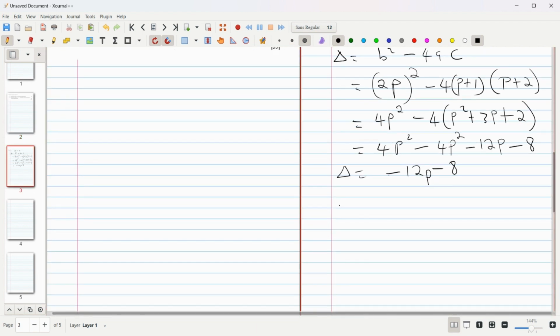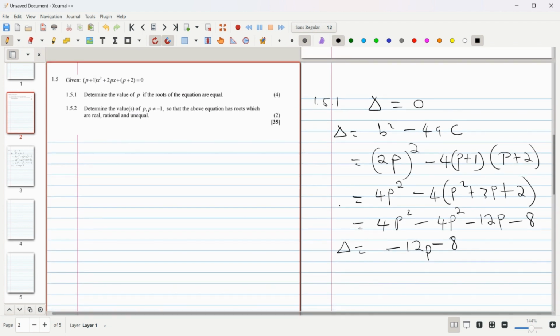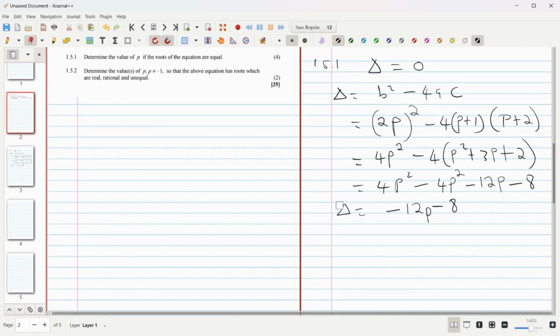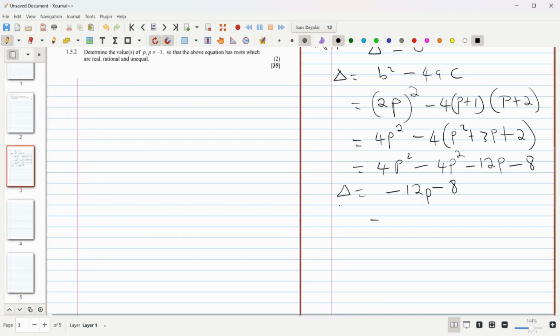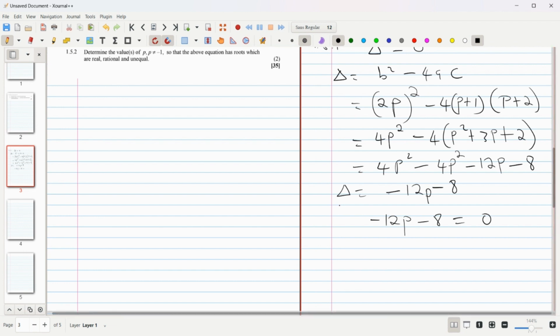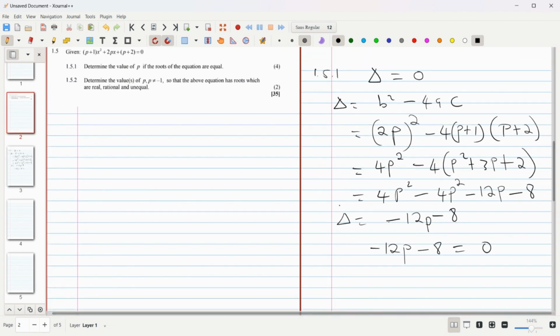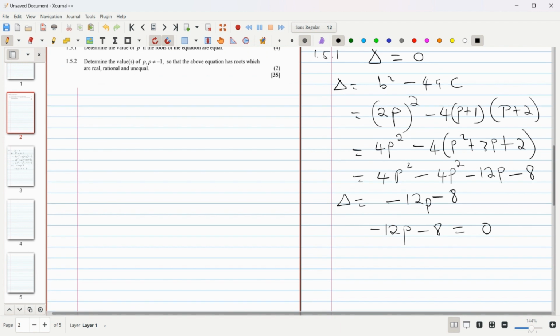We already stated that our discriminant has to equal 0 for the roots of the equation to be equal. So this discriminant, which is minus 12p minus 8, has to equal 0 for these to have roots that are equal.